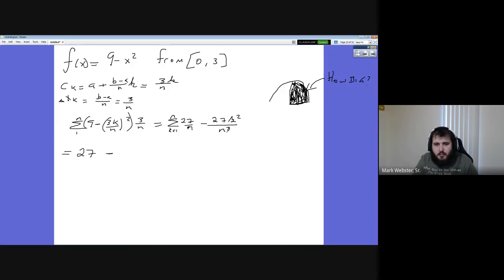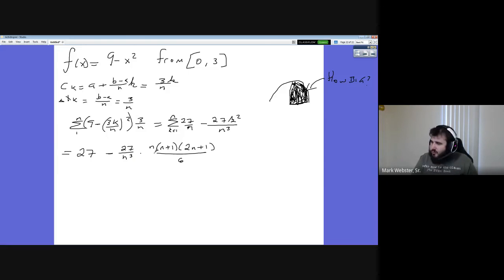And then we're going to pull out the 27 over n cubed. And then we have to deal with k squared, right? n times n plus 1 times 2n plus 1 over 6, and multiply all that together.